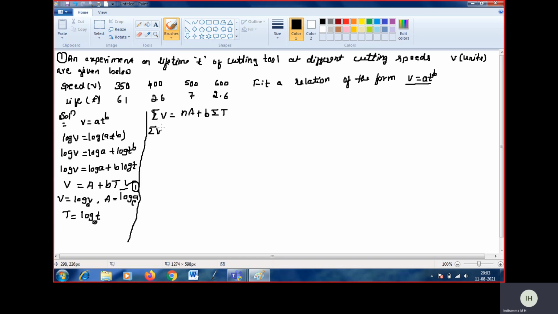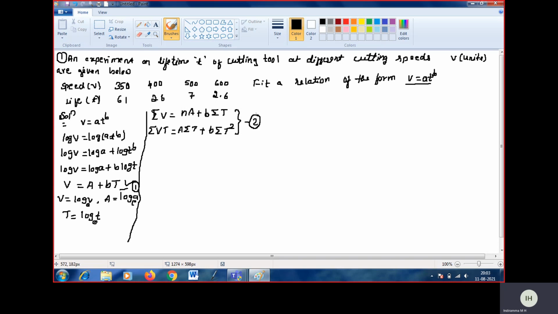That is summation of V into T is equal to, after multiplication it becomes AT, take the summation, keep A outside, into summation of T plus B I will keep it out, summation of T into T becomes T square. So this is our normal equations.